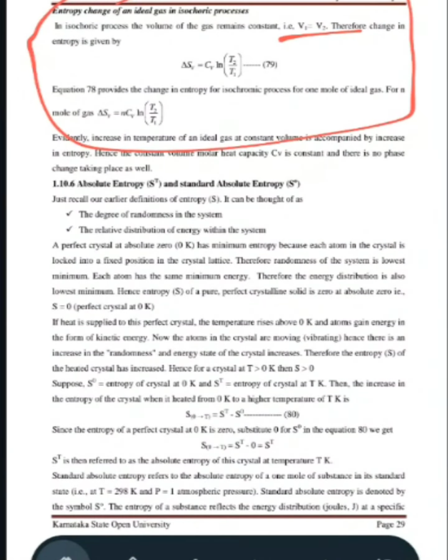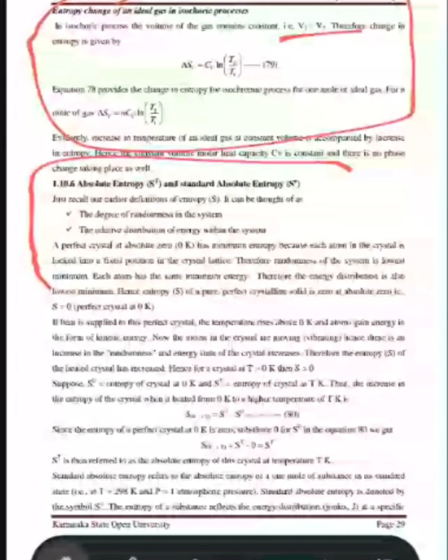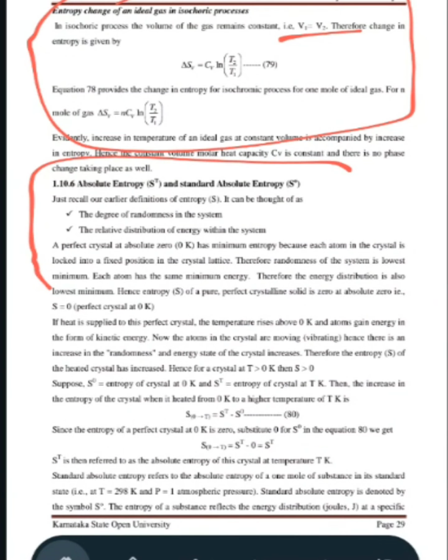And next topic is the absolute entropy and standard absolute entropy. Standard absolute entropy is the sum of all entropy it would acquire on warming from absolute 0 to the particular temperature. So from 0 to a particular temperature, that can be denoted as standard absolute entropy.